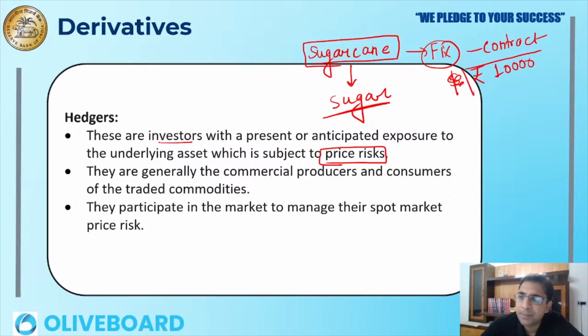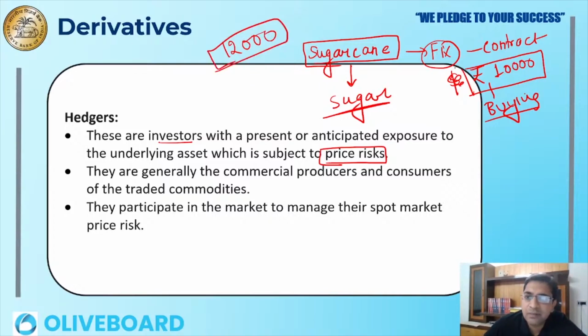Now the person who is buying the sugar cane has minimized his risk, because if the sugar cane price goes to 12,000, he will still be getting it at 10,000 only, because the contract has already been signed. So the price risk has been minimized over here. They participate in the market to manage their spot market price risk.